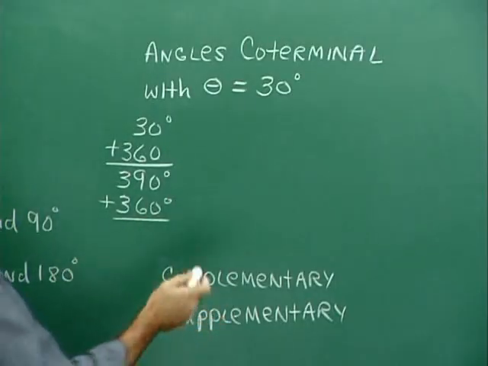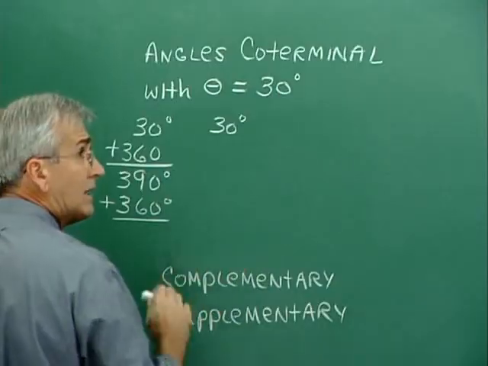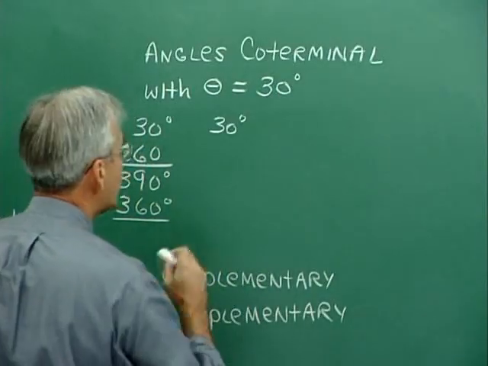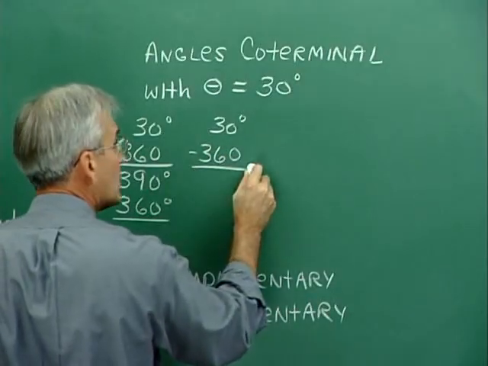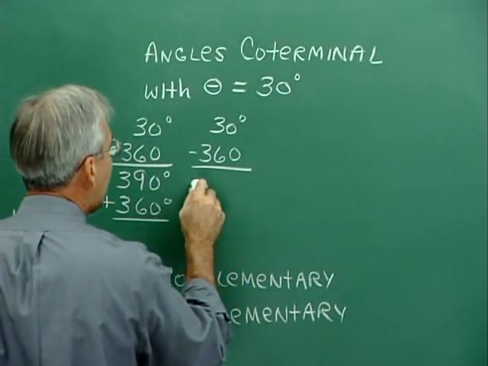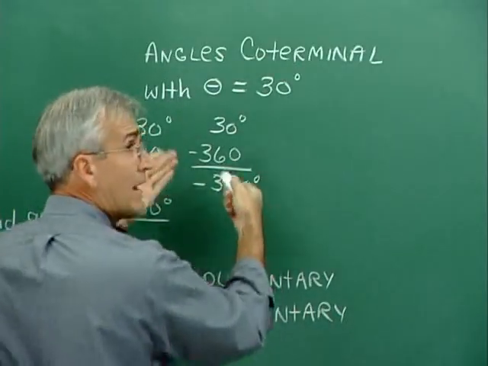And in the negative direction, it's take the 30-degree angle, whatever the given angle is, it doesn't have to be 30, it can be whatever is given, and subtract 360 degrees. So an angle of negative 330 degrees would be coterminal with that 30-degree angle.